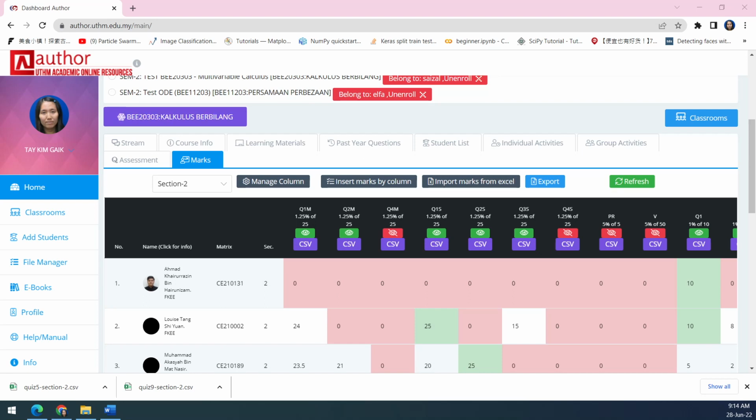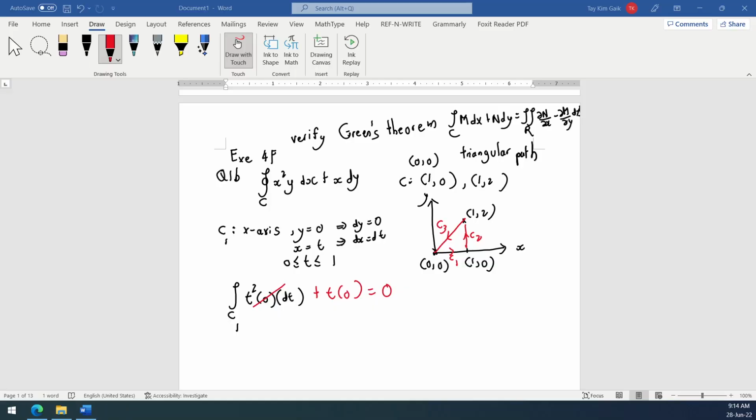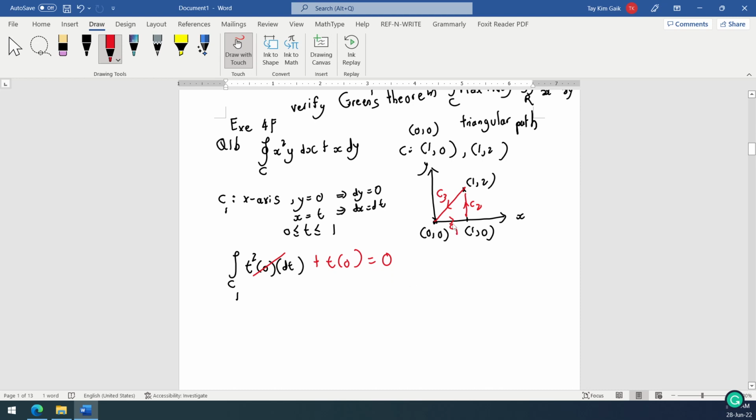Because y is 0 and dy is 0, the line integral along curve C1 is 0.